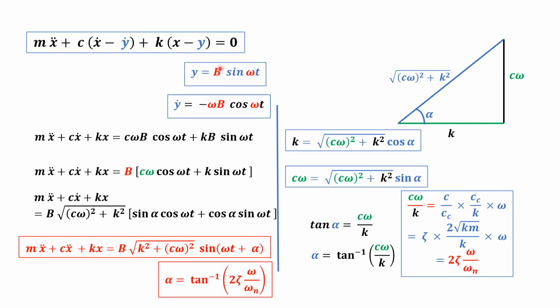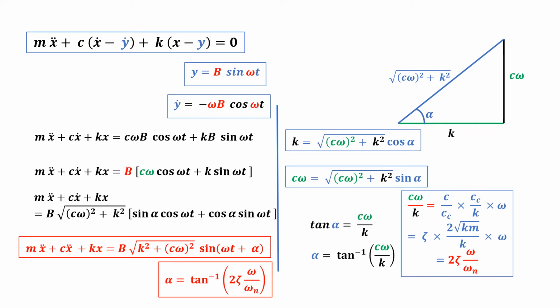Now in this, y is the equation of base motion or vibration, which is a simple harmonic motion governed by the equation b sin omega t, where b is the amplitude of vibration of the base and omega is the angular frequency. Taking the derivative of y with respect to time t, we get the velocity of the base at any time t: y dot is equal to omega b cos omega t.